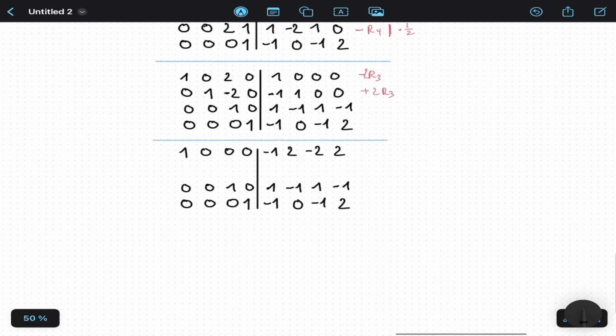So the second row, 0 is 0. Here we have a 1. Then we add just 2 times the 1 there. We will have a 0. And here we have a 0, 2. Okay, so this will be a 1, a -1, a 2, and a -2.